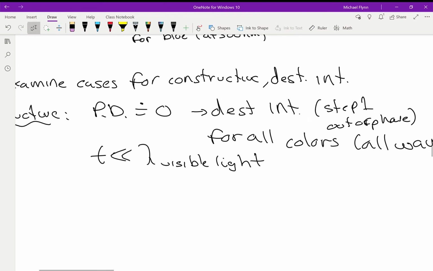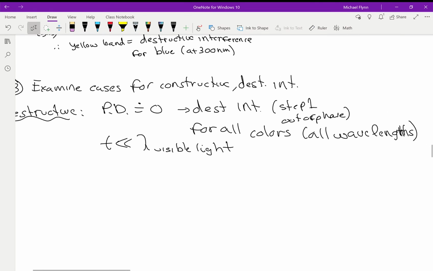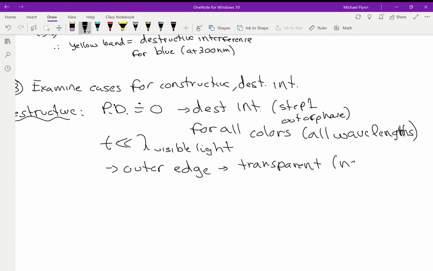Okay, so now we found a case where for all colors, this will give us the outer edge, where the film is thinnest, of the oil film is just completely transparent with no reflection at all.